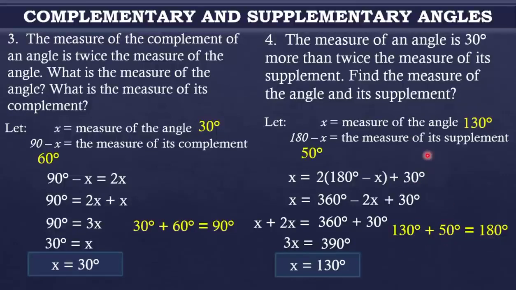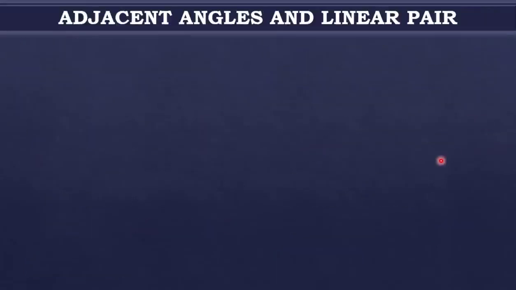Now, if we go back to the problem, check that the measure of the angle is 30 more than twice the measure of its supplement. Twice 50 is 100, and then it is greater by 30. So 100 plus 30 is 130. Okay? Next, let's proceed to examples on adjacent angles and linear pair.